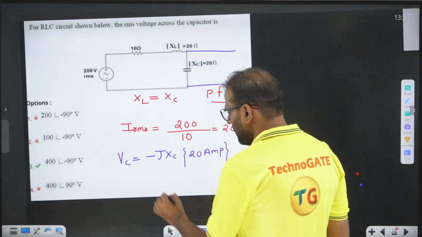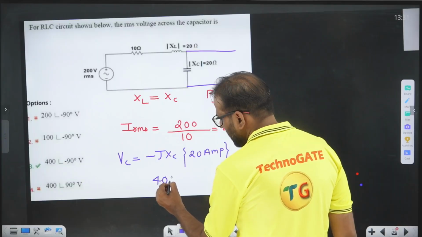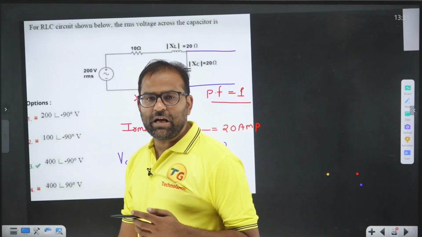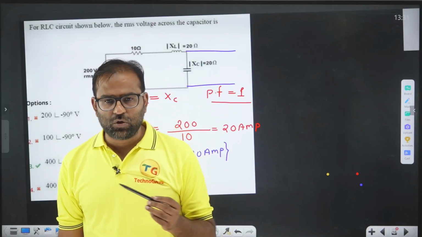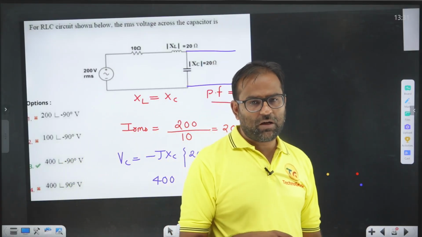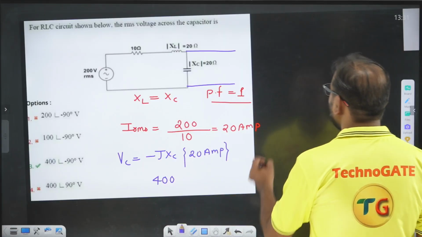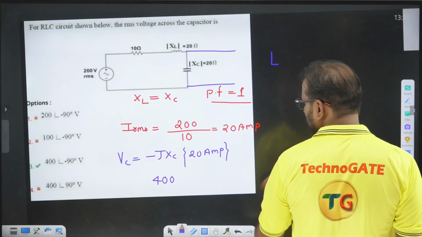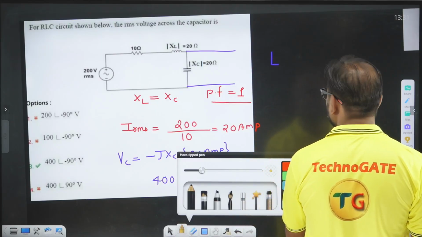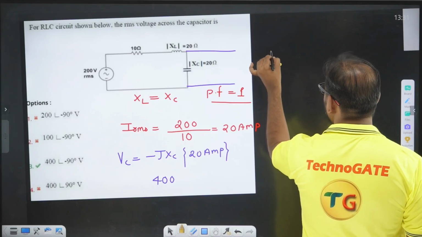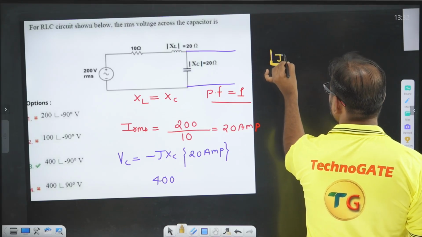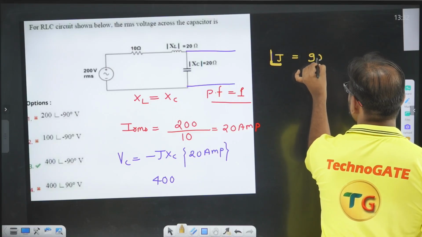So 20 into 20 is 400, and we are having the j operator here. The j operator contributes 1 in the magnitude and minus 90 degree in the phase. Always remember, one j is responsible for a 90 degree phase shift.